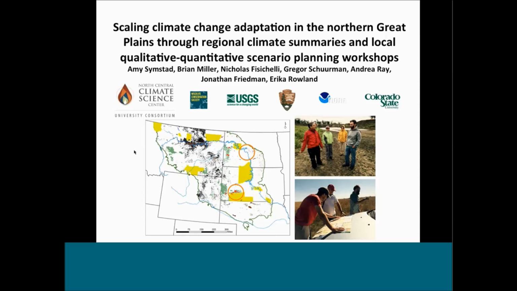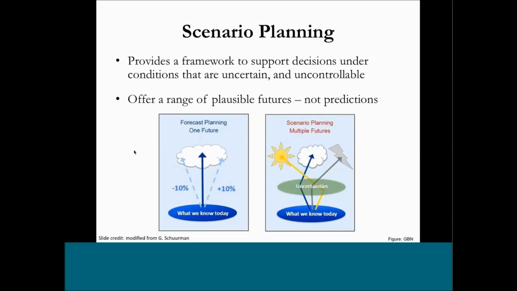The main focus of this project is using scenario planning to assist with climate change adaptation. Scenario planning, for those that aren't familiar, is a general framework to support decision-making when there's a lot of uncertainty and a lot of uncontrollable factors, as is the case with climate change.